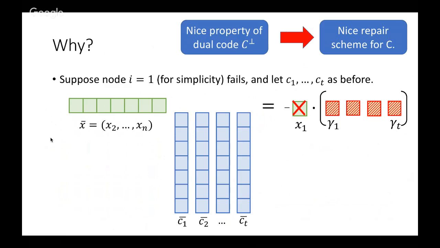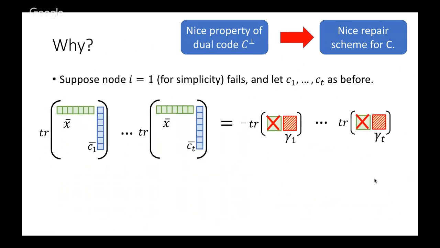And now what I'm going to do to this true fact is take the trace of both sides. On the left-hand side, I have T different symbols over the big field, each of these inner products. And on the right-hand side, I also have T elements over the big field: x1 times gamma 1, x1 times gamma 2, and so on. So I'm going to take the trace of each of these elements individually, like this.